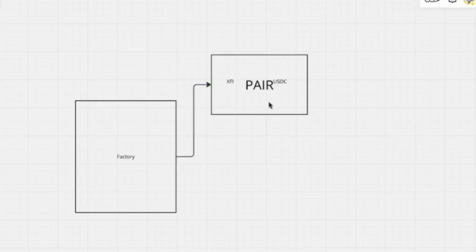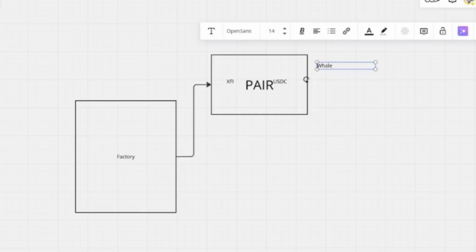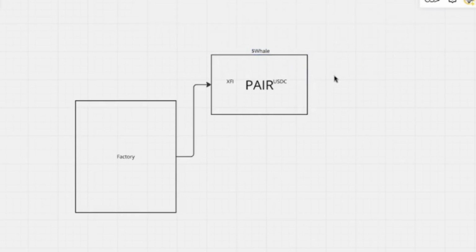This pair contract basically holds two tokens, XY and USDC, for example, and another token which will be the WhaleSwap token, or simply the whale token, which will be the liquidity token for tracking how much liquidity is provided and in what share. So in total there are three tokens.